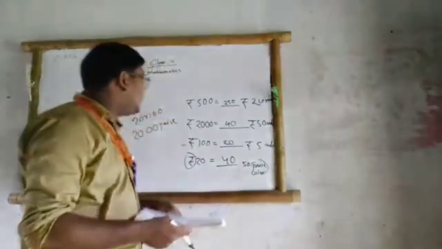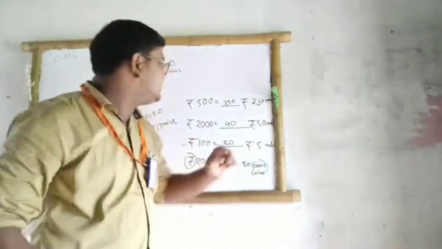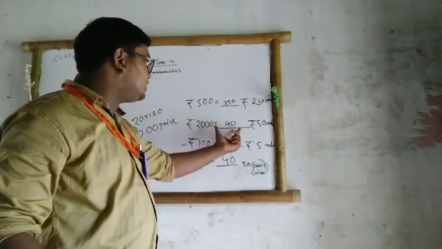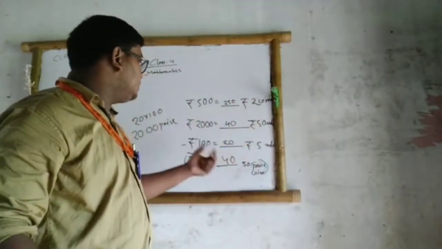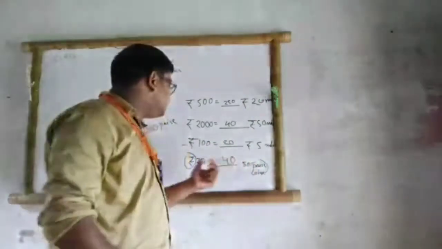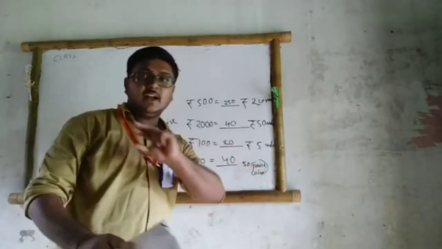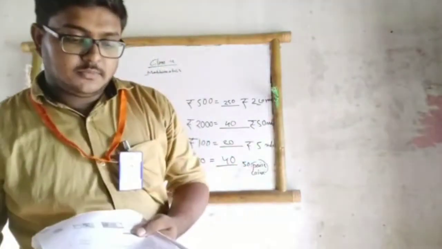So students, rupees 500 is equal to 250 rupees 2 coins, then rupees 2000 is equal to 40 rupees 50 notes, then rupees 100 is equal to 20 rupees 5 notes, then rupees 20 is equal to 40 50-paisa coins.